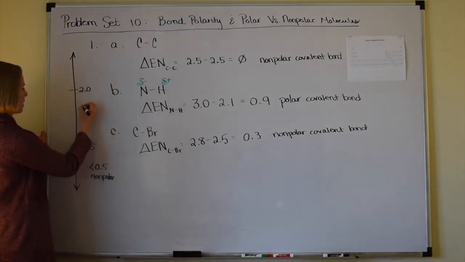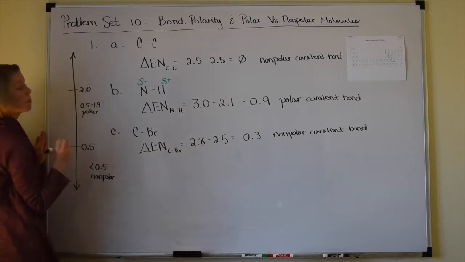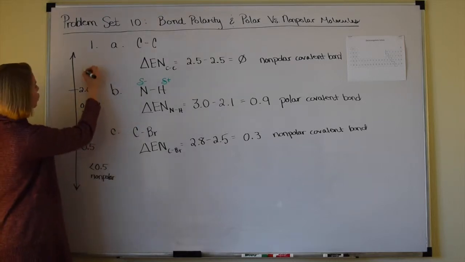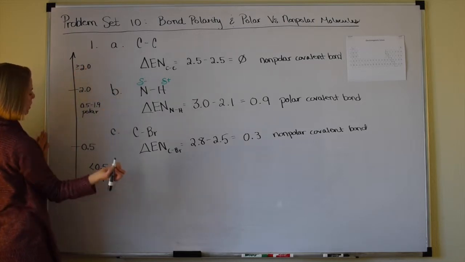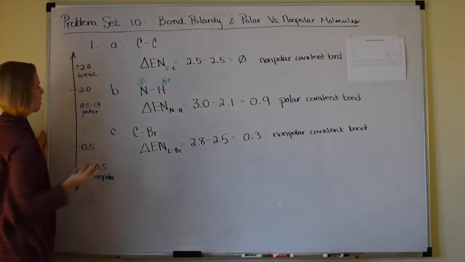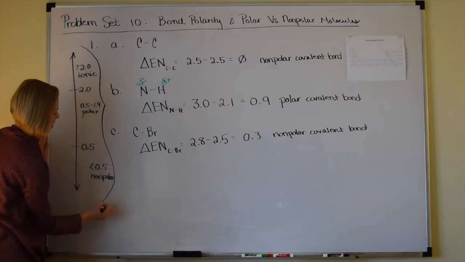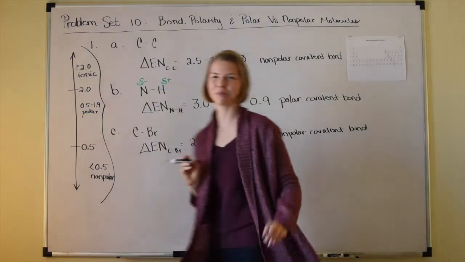Anything that is 0.5 to 1.9, remember that that is a polar covalent bond. And anything that is 2.0 or higher, so greater than or equal to 2.0, is an ionic bond. So that might be helpful to have over here as we go through these problems.